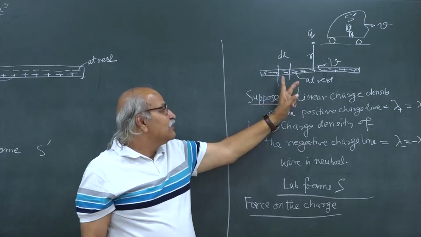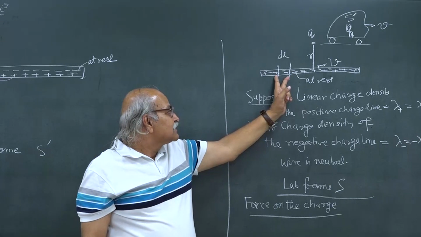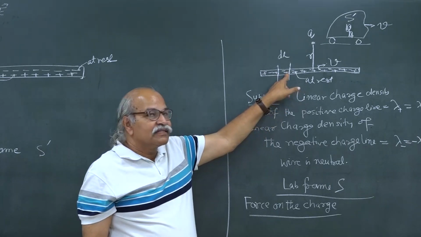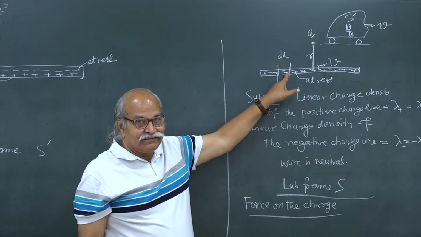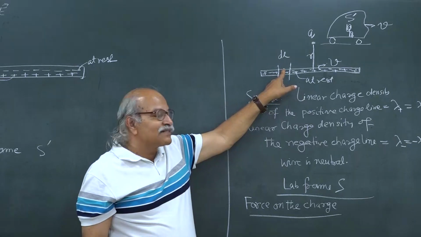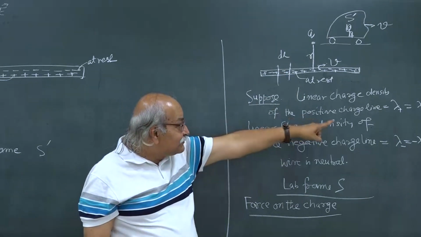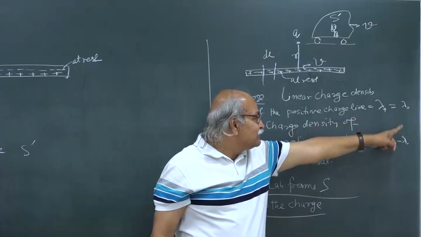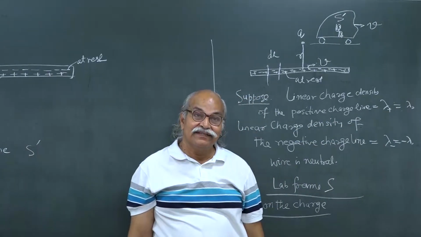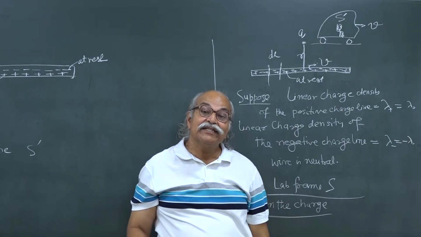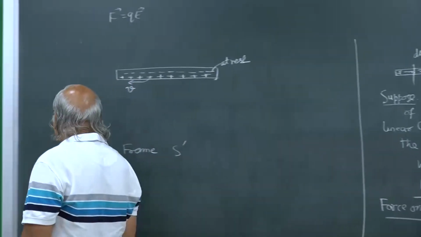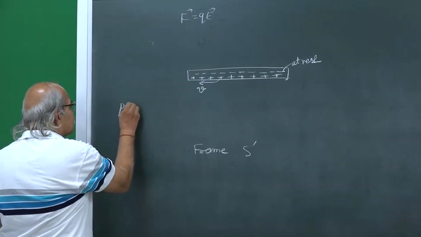Then if you see the situation here, the positive charges are at rest, and the negative charges are moving, and in this frame the charge density has the same magnitude. What happens to these charge densities as I go to the S prime frame? So, first look at the positive charge density, the positive line.